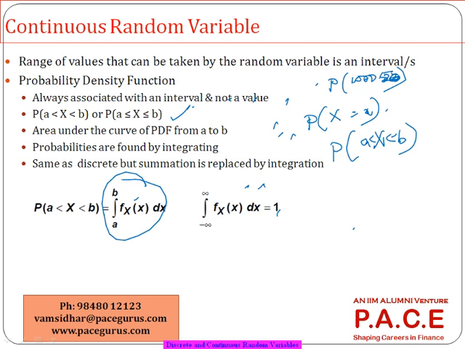So when I say the claim amount, if the function of the claim amount is f(x), then the probability that the claim is between 1000 and 2000 is the integration of f(x) between a and b, which are 1000 and 2000. That is the probability. In the discrete case, it is very easy. We get the value straightforward, because it is the total number of occurrences and the number of favorable occurrences.